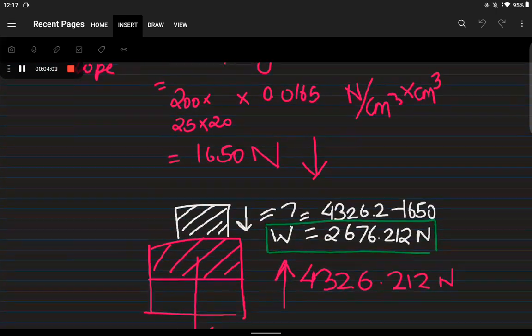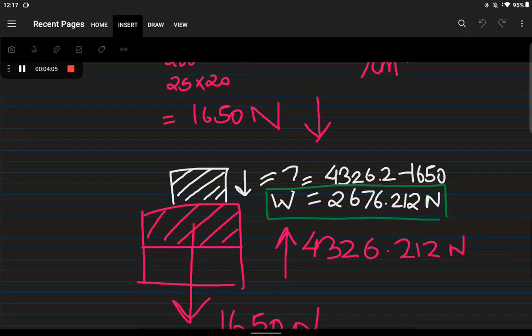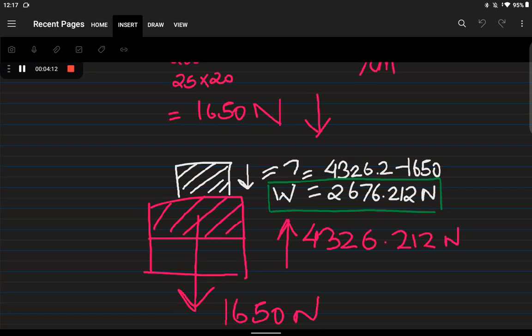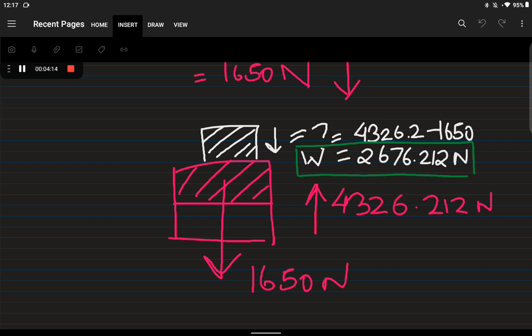If we now see the system, we have a net upward force of 4326.212 Newton, and the weight acting downwards is 1650 Newton. Obviously there is an imbalance of forces. Without an extra weight, there will be a net upward force acting on the cope, because of which it will fly off, right?